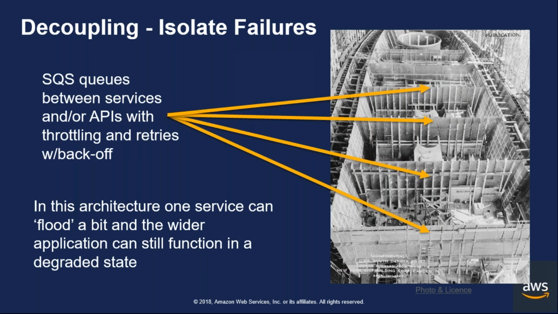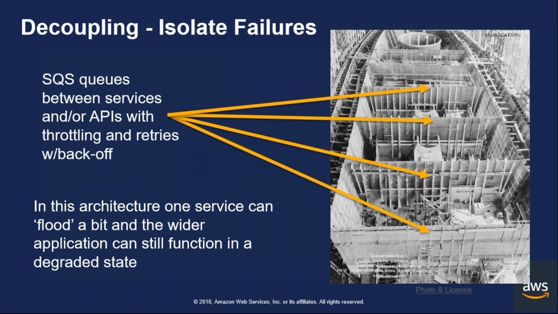You have SQS queues between services, and APIs with throttling and retries, exponential retries, which act as a buffer between your services. So even if there is flooding in one part of your application, your application continues to run in a degraded mode, but there will be nothing like a complete failure.